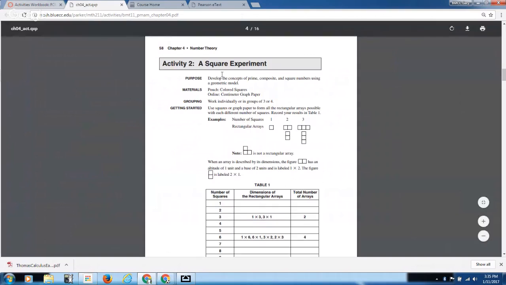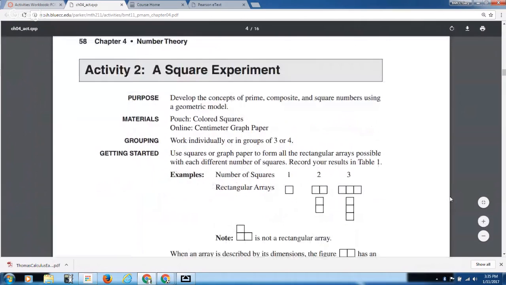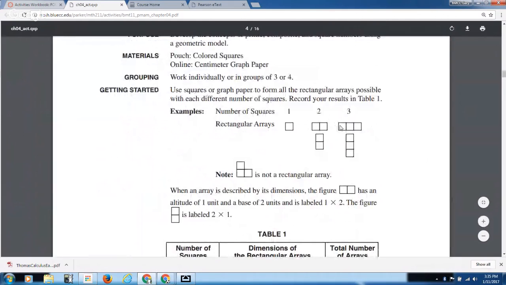And so activity 2 is called a square experiment. You will need some graph paper to play with that. And here, zoom in on this. When I consider rectangular arrays, this array over here is 1 by 3, and this one is 3 by 1. So they are different.